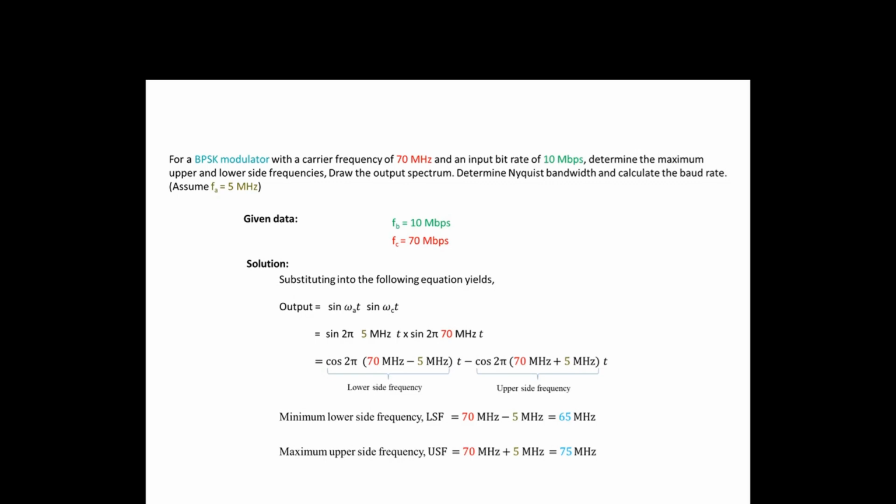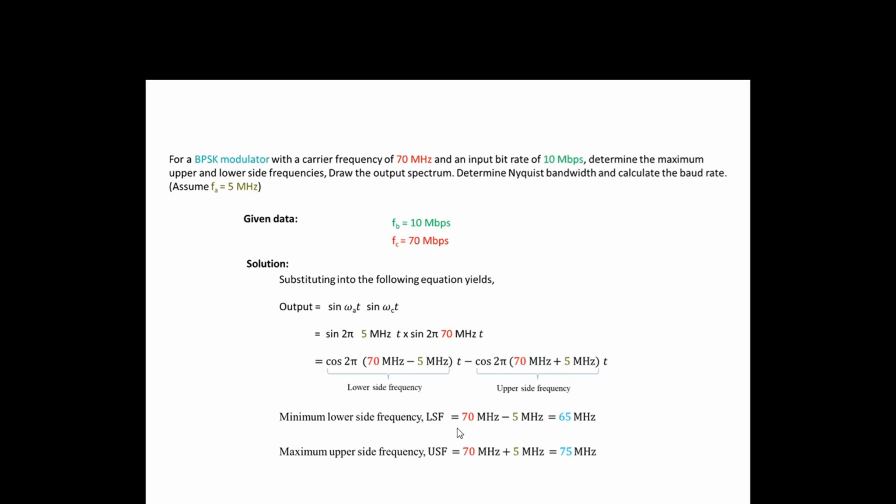The higher frequency minus low frequency is simply said to be the LSB, and the USB is the message plus carrier frequency, so FC plus FA. The first component in this equation is the LSB, the lower sideband frequency. The second one is the upper sideband frequency.